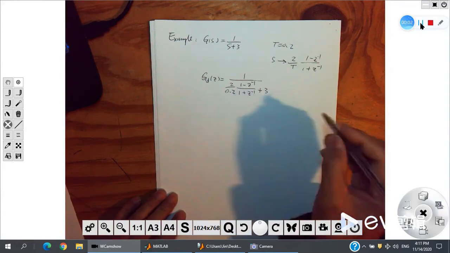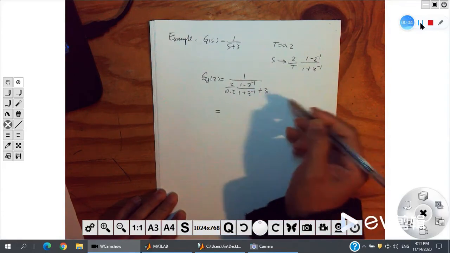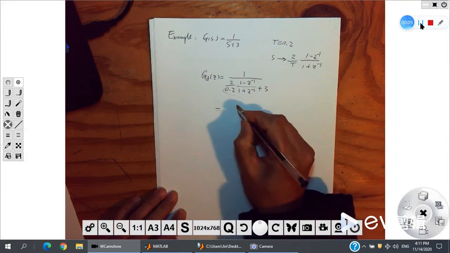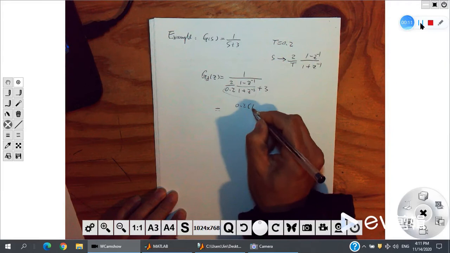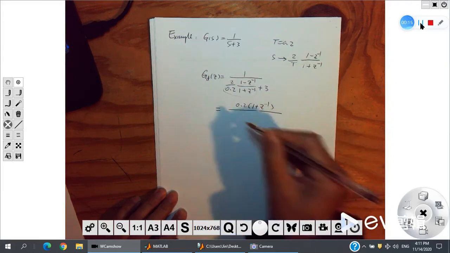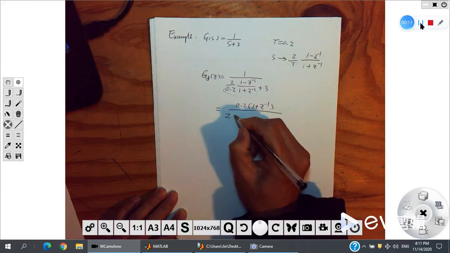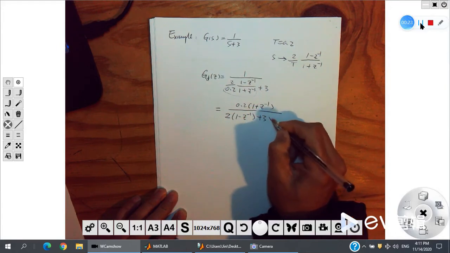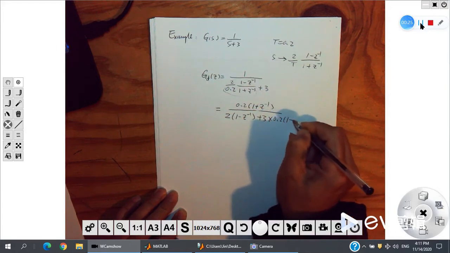Then I multiply this part on both numerator and denominator. I get 0.2 times (1 plus z to the negative 1) as the numerator. The denominator is 2 times (1 minus z to the negative 1) plus 3 times 0.2 times (1 plus z to the negative 1).